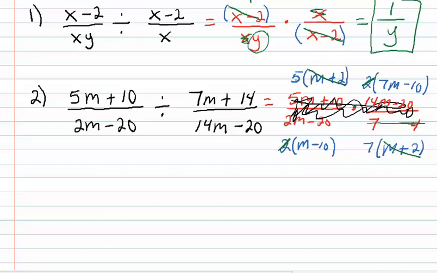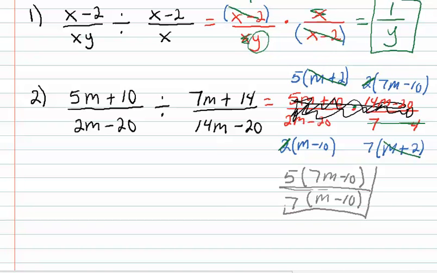And I have a 5, and there's no 5. So it looks like what I have left at the top, I have a 5 with a 7m minus 10. At the bottom I have left, I have a 7, and I have an m minus 10. And that is what I have left, so therefore that is my answer.